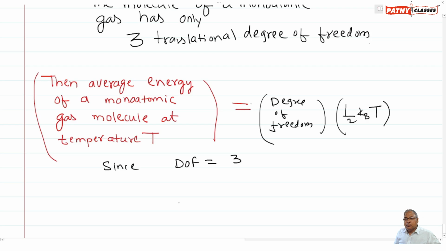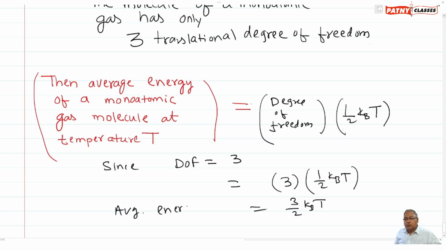Therefore, the average energy of a monoatomic gas molecule at temperature T equals 3 multiplied by half Kb multiplied by T, which equals 3 by 2 Kb T. This is the average energy of a molecule.